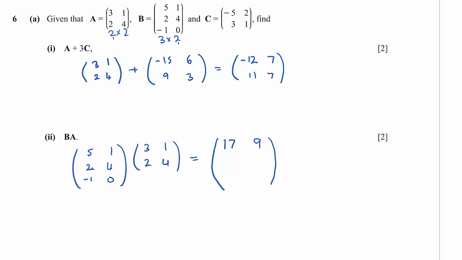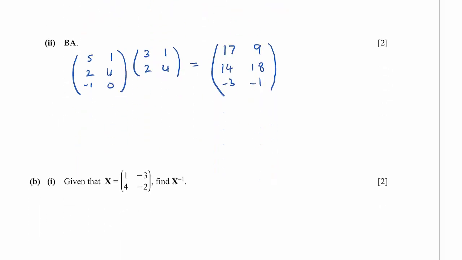Middle times left, which gives us middle left. 2 times 3 is 6. 4 times 2 is 8. 6 and 8 is 14. And then we've got 2 add 16, which is 18. And finally, we're going to have negative 3 times 1 and 0 times 2. So that's negative 3 and then negative 1.